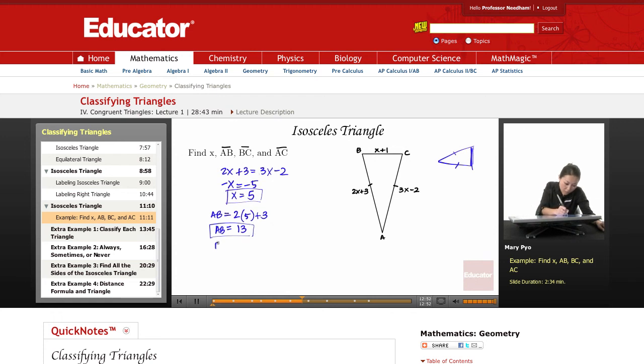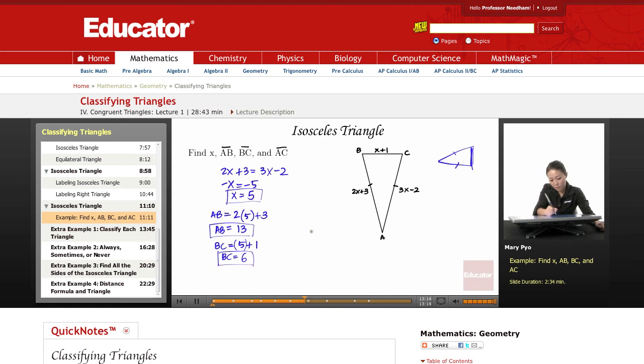And then for BC, since I know x, even though this side is the base and it doesn't have anything to do with these sides, okay, since I know x, I can solve for BC. That's 5 plus 1, okay, so BC equals 6.